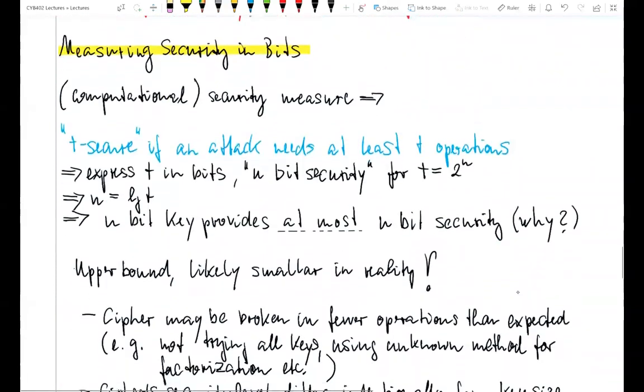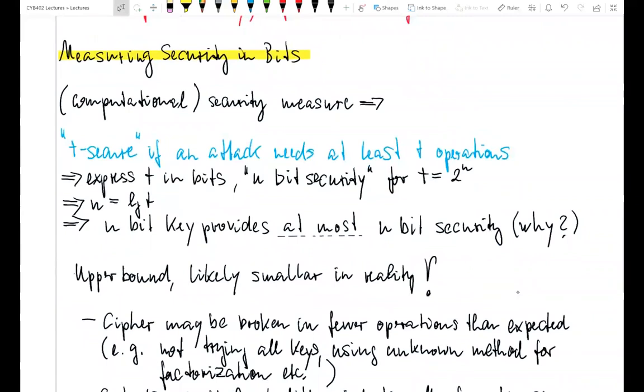Okay, so how do we measure security? How can we say that security is such and such? What we mean by security is actually computational security, and we need a computational security measure.